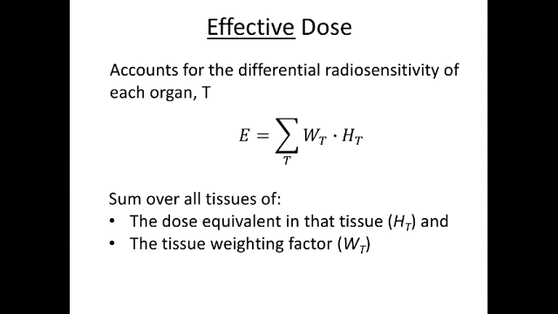The way you do that is you take the dose equivalent in that tissue, written here as HT, in sieverts, and you multiply that by the tissue weighting factor, WT. Then you do that for each tissue, each organ, and you sum over all the different organs, and that in the end gives you a total effective dose for the organism as a whole.